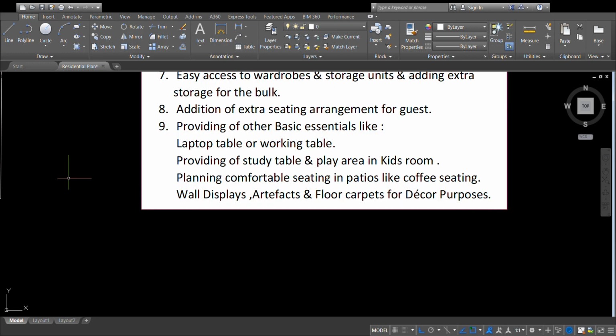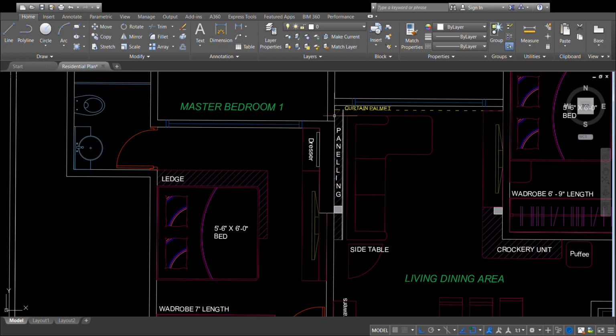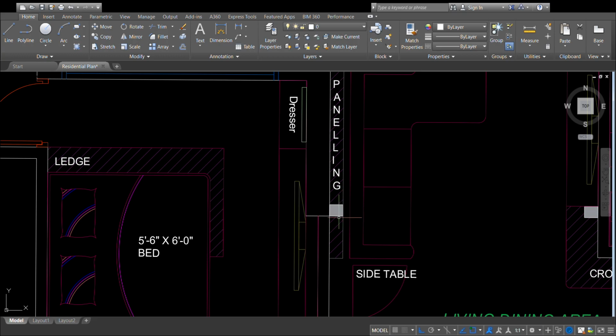Next point, so that's our last point, that is the wall displays, artifacts and floor carpets for decor purposes. So in your plan you can always indicate wall displays, artifacts, some decorative objects, and floor carpets. For example, here I have shown paneling behind the sofa, if you can see. That paneling I have done just to hide this particular column.